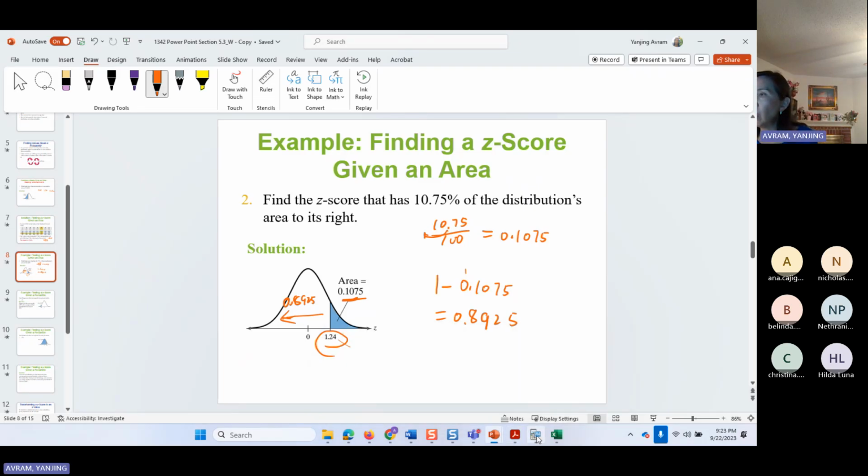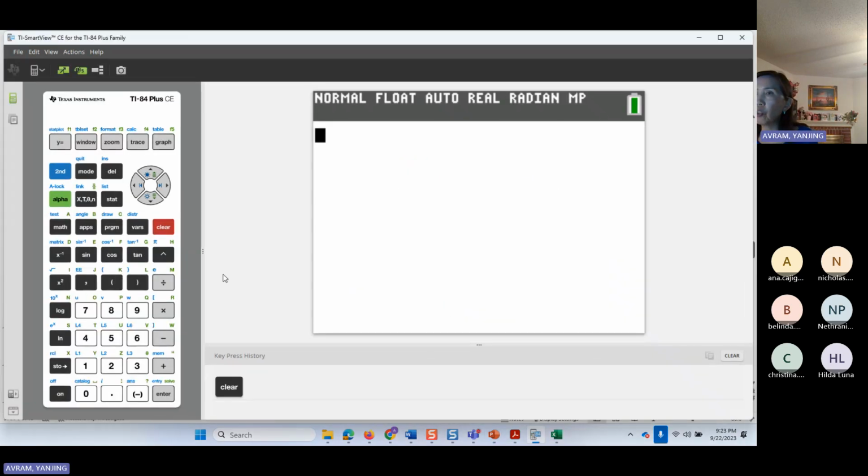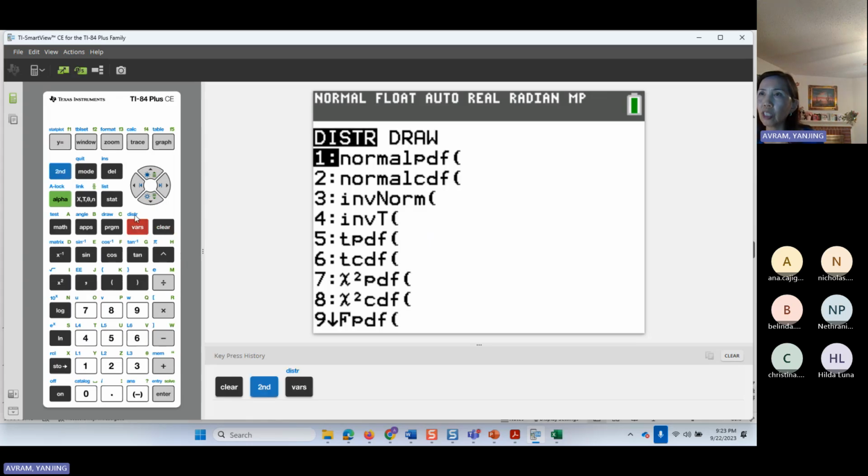Okay, let me show you how to use the calculator to find a Z-score backward, because sometimes if you don't find the exact answer, if you don't have an exact value, it's very hard to find. So I go to second bar, which is the distribution.